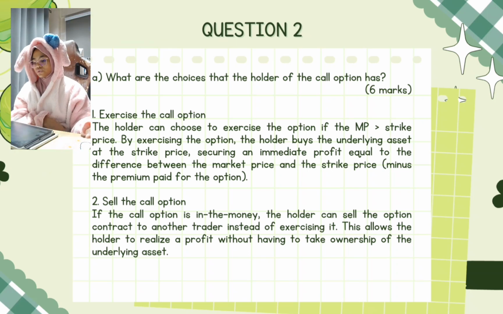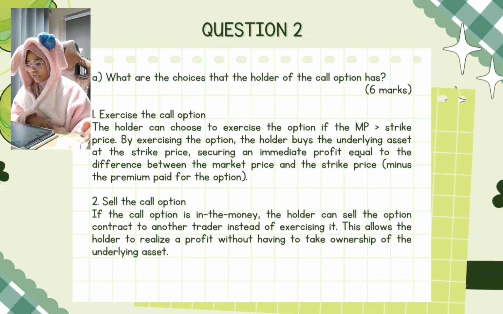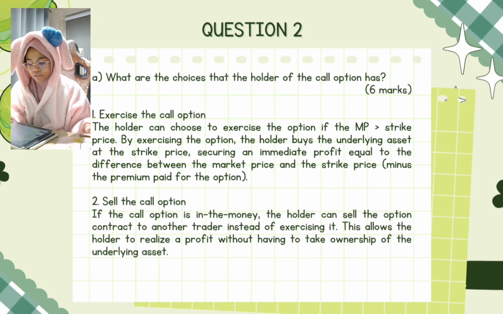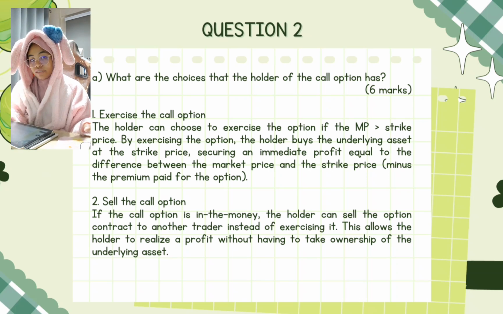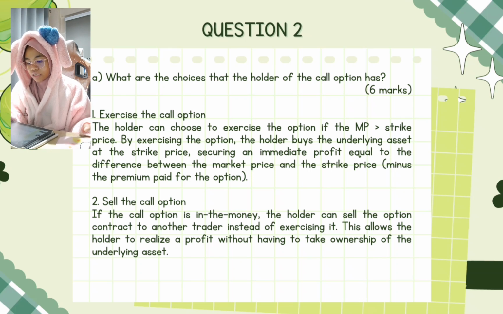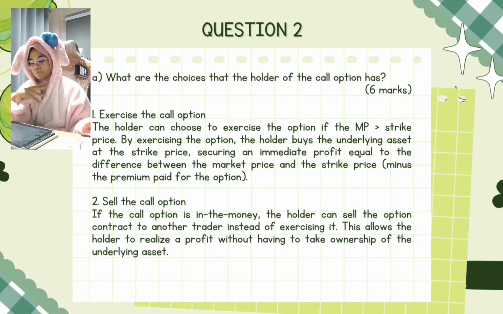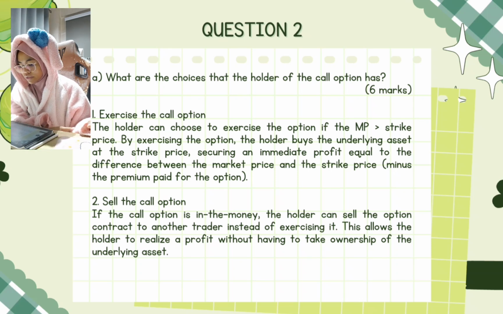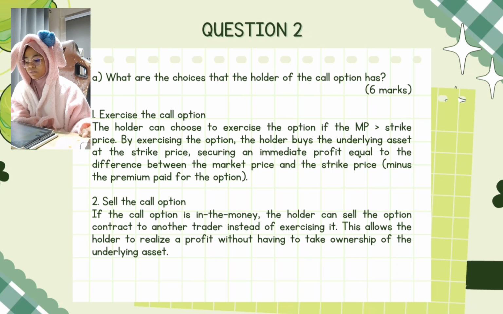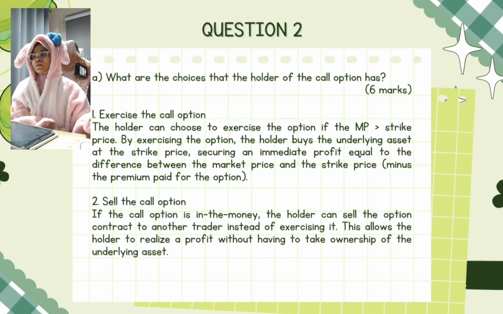The holder can choose to exercise the option if the market price is higher than the strike price. Strike price is the exercise price. By exercising the option, the holder buys the underlying asset at the strike price, securing an immediate profit equal to the difference between the market price and the strike price minus the premium paid for the option.